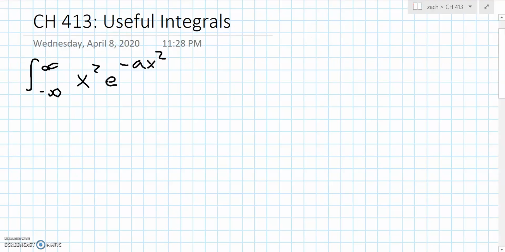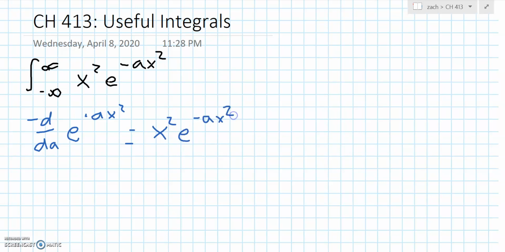If we take the derivative of the exponential with respect to a, we get minus x squared times that exponential back again. So if we took the minus d/da of the exponential, we're going to get x squared e to the minus ax squared back. So we're going to use that little trick in solving this integral.